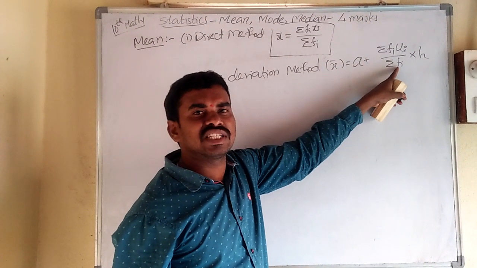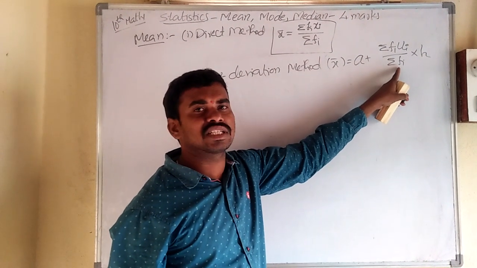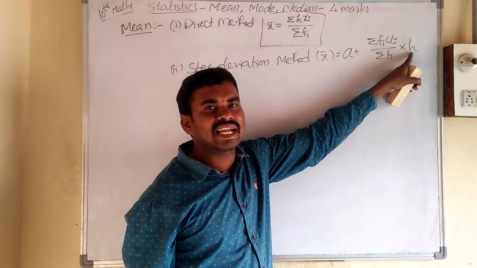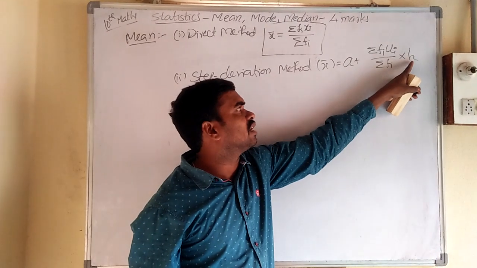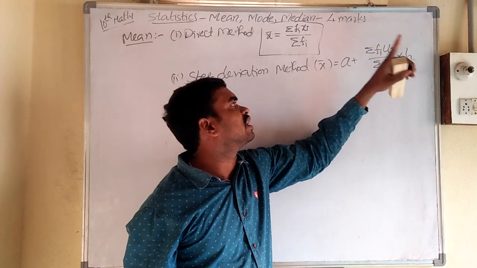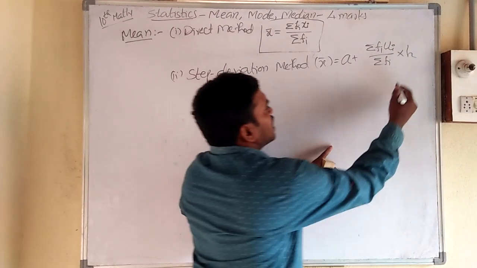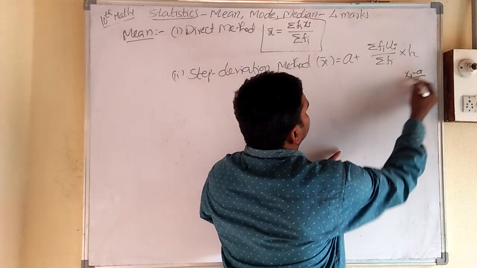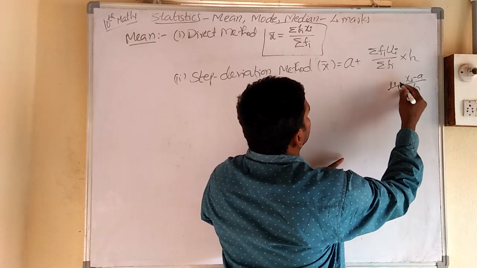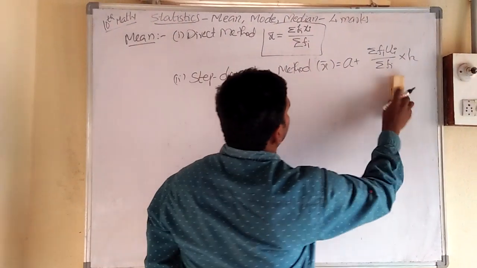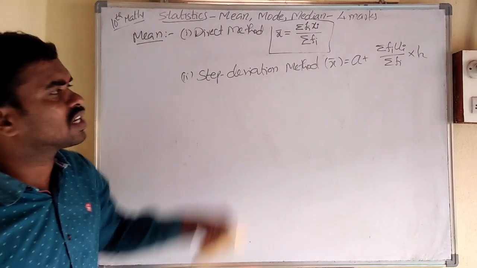F means frequencies, so summation fi means the sum of all frequencies. H means the class size of the class interval. ui means xi minus a by h. You just remember the formula, and I will explain it in the sum also.